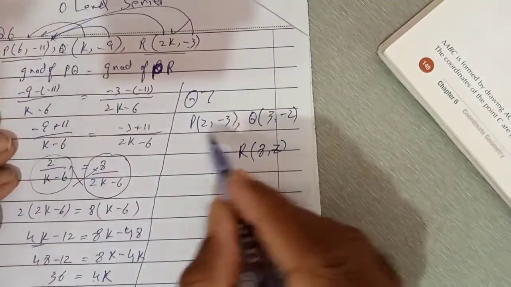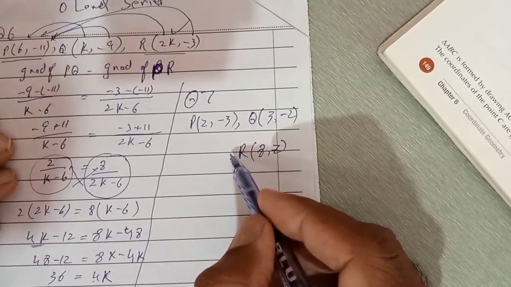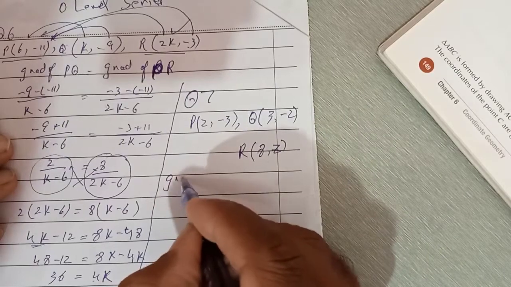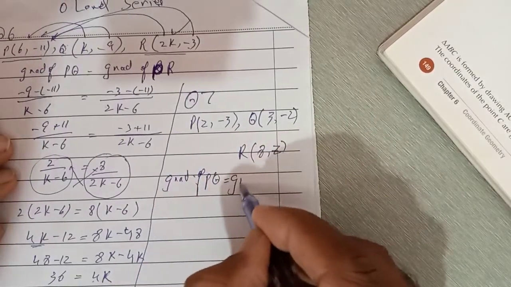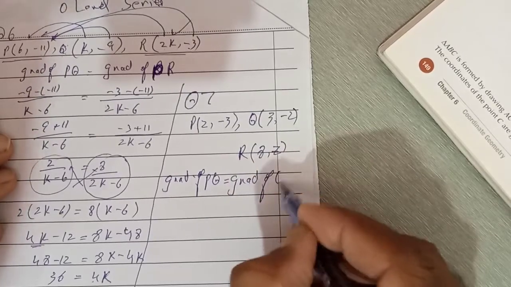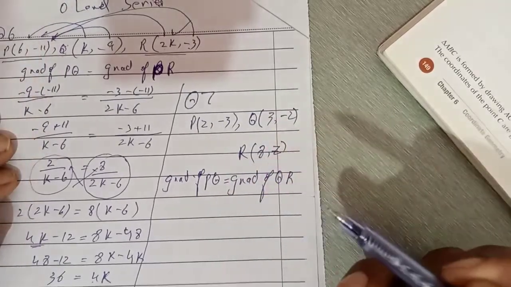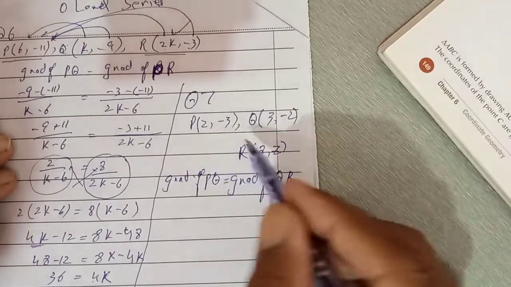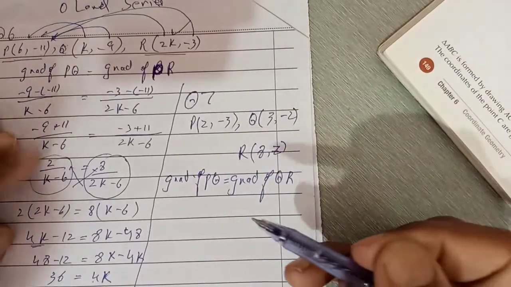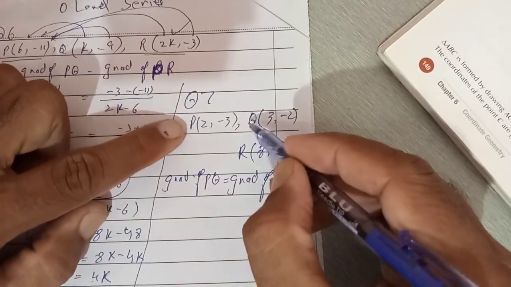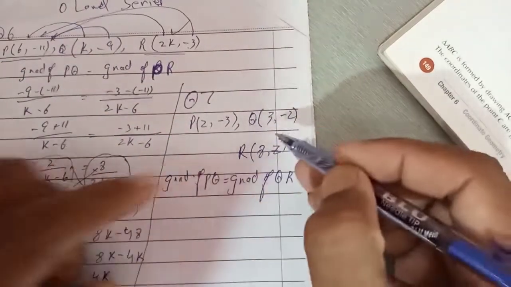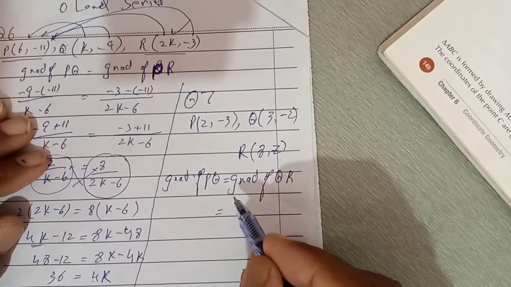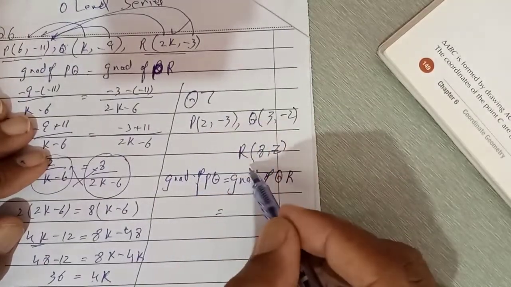So if these points lie on the same line, then the gradient of PQ must be equal to the gradient of QR because they lie on the same line. So the line is the same, so the gradient is the same. If you find the gradient using P and Q and using Q and R, both will give the same answer.